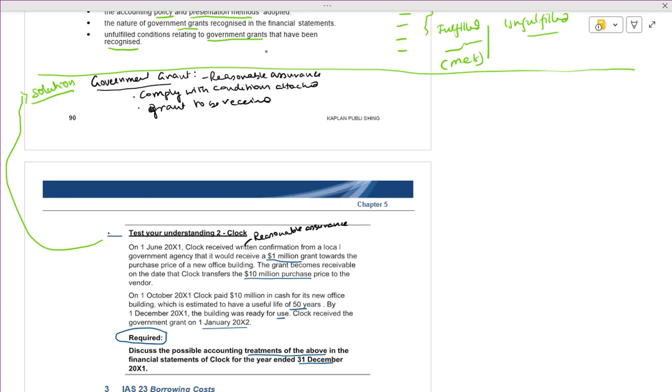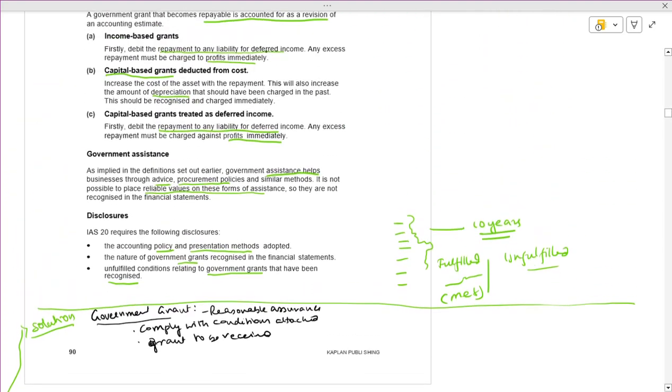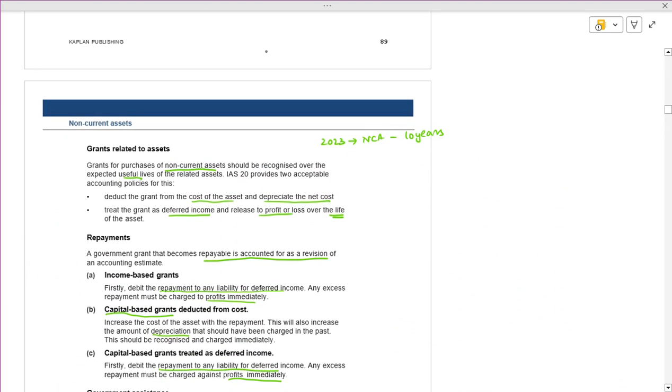Discuss the possible accounting treatments. Possible means more than one. There are two things mentioned here.